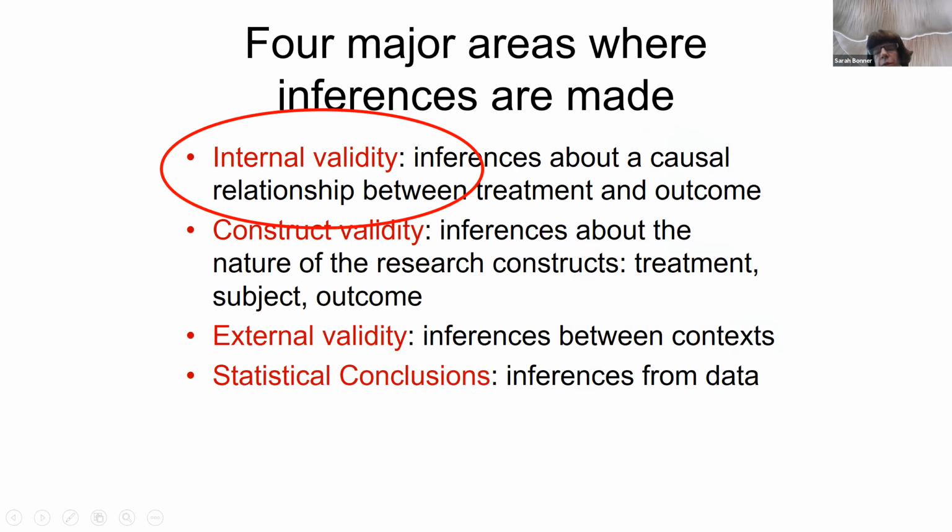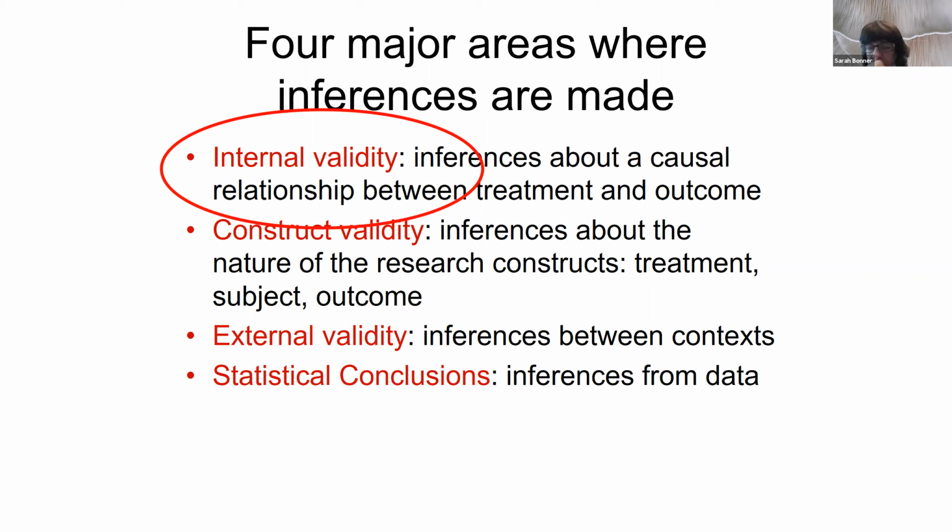As you remember from the last video, there are four major areas where inferences are made in research design. What we are focusing on in these presentations is what's called internal validity, the internal validity of inferences.